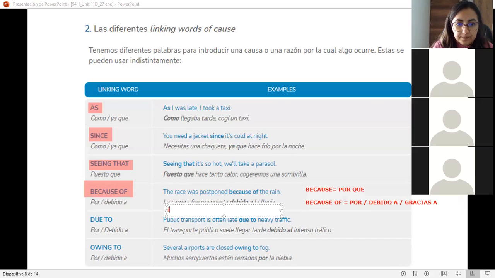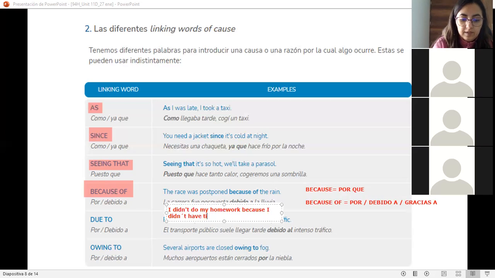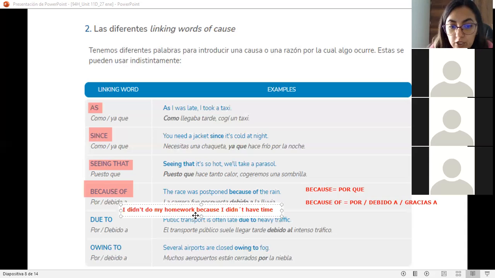We can say, I didn't do my homework because I didn't... okay. Here we have an example using just because. Aquí tenemos un ejemplo utilizando únicamente el because.